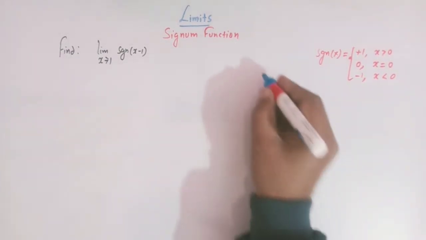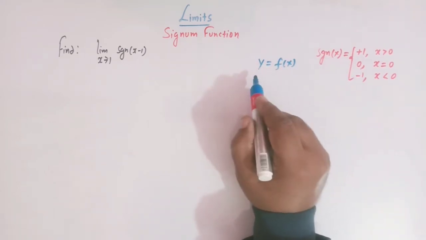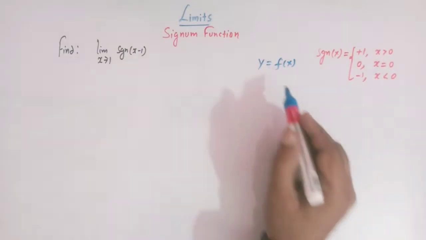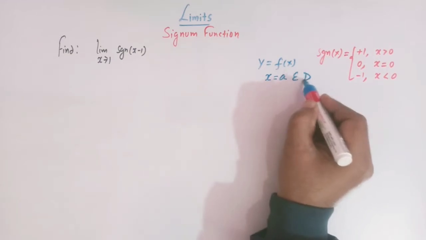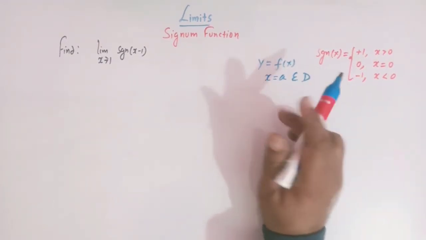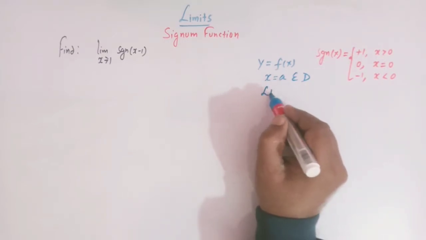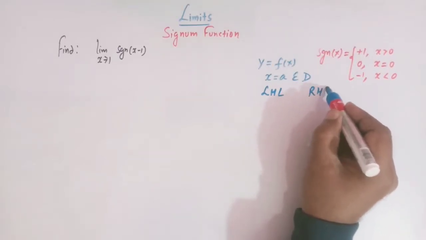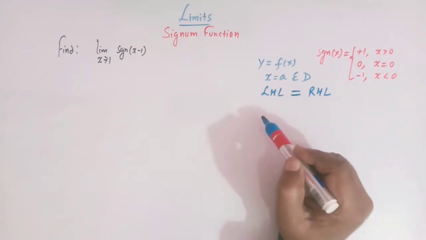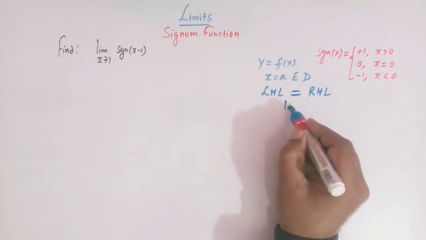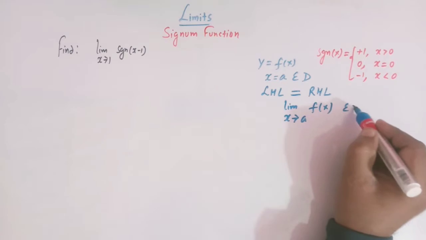Now let us consider a function, say y is equal to f of x, and this function is defined on some domain, and if we take some point x is equal to a in its domain, then we say that the limit of this function exists when x tends to a if the left hand limit and the right hand limit of this function both are finite and equal, right? Then we can claim that the limit x tends to a of f of x exists.